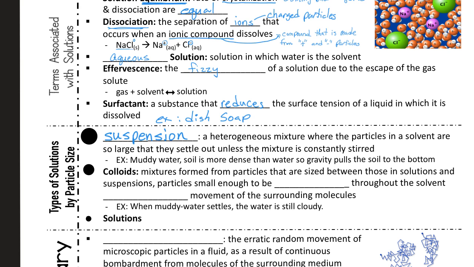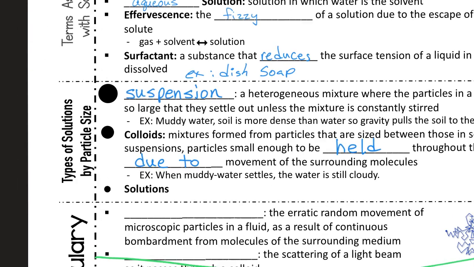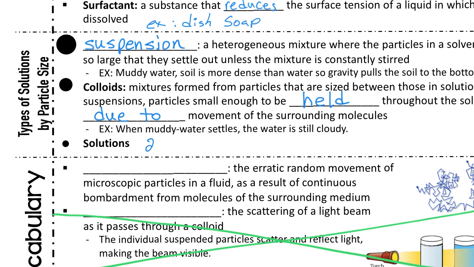The particles are small enough to be held throughout the solvent due to the movement of the surrounding molecules. And of course, solutions are going to be 2 or more substances, and that should be liquid substances, that will not settle out.